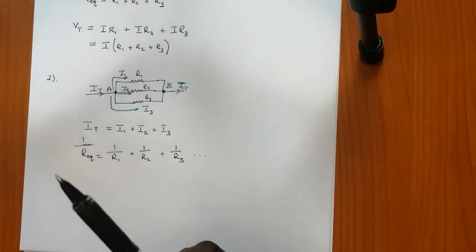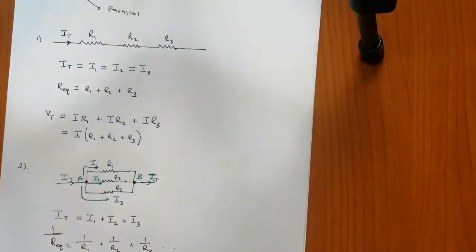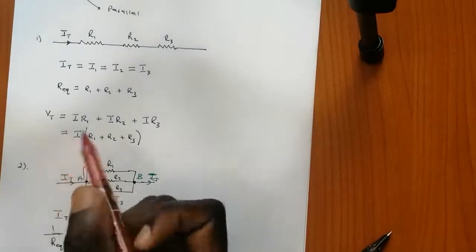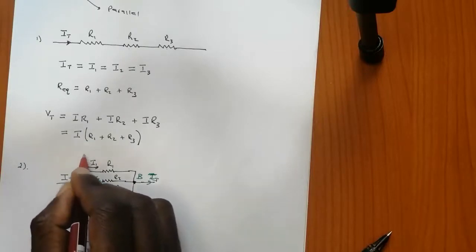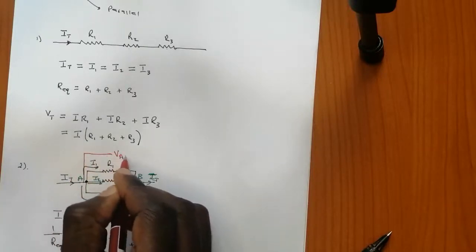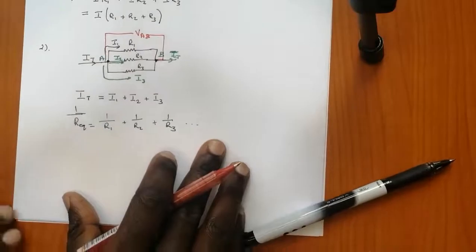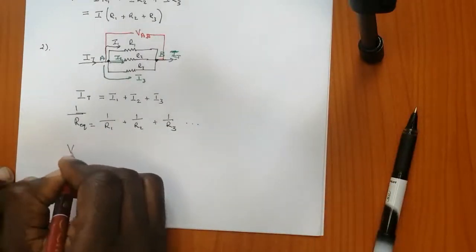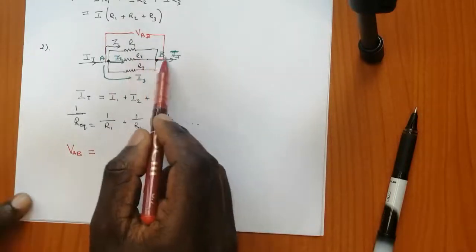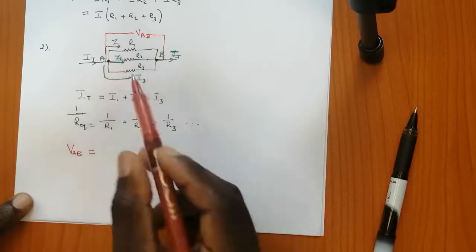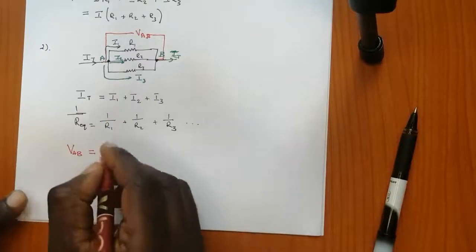So what about the potential difference? What about your V? As you can see here, if you were to find the potential difference between point A and B, you will see that your V_AB is equal to the voltage at resistor 1, which is equal to the voltage at resistor 2, which is equal to the voltage at resistor 3.